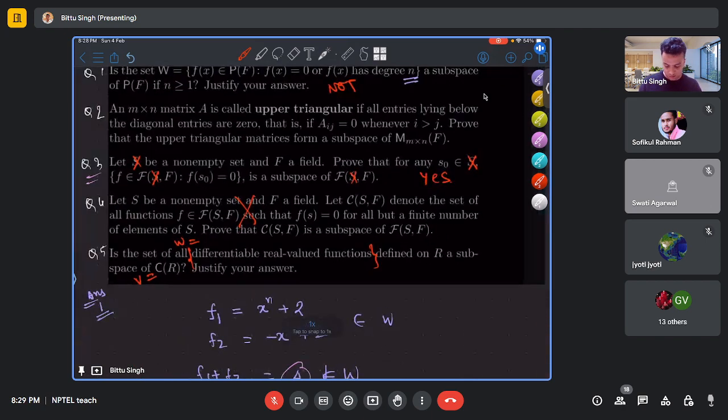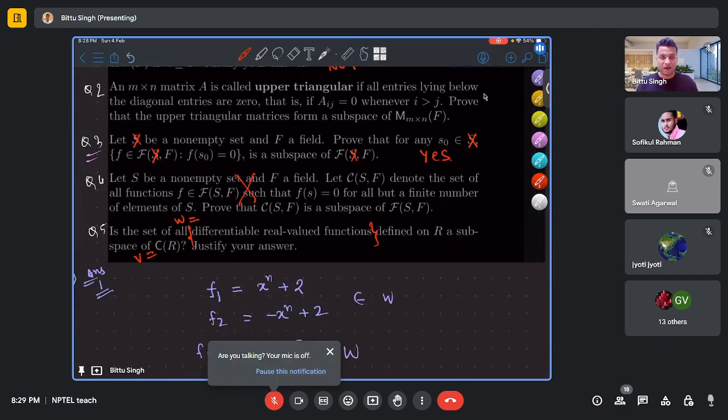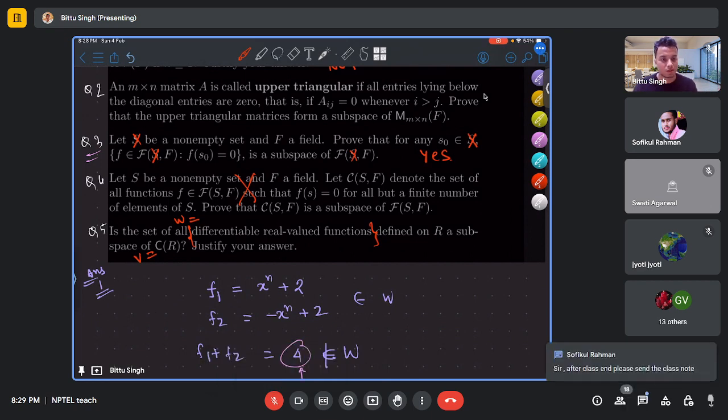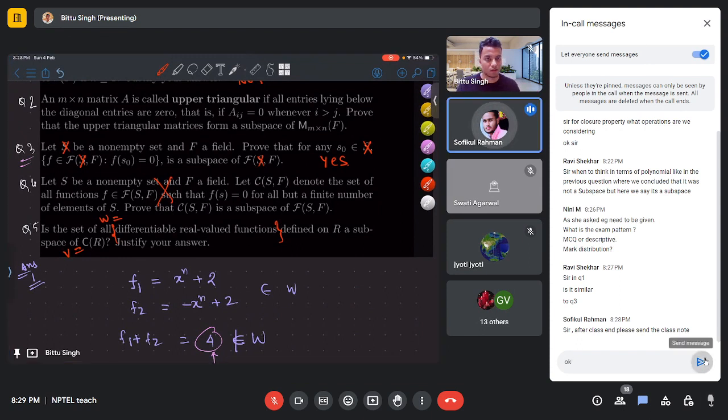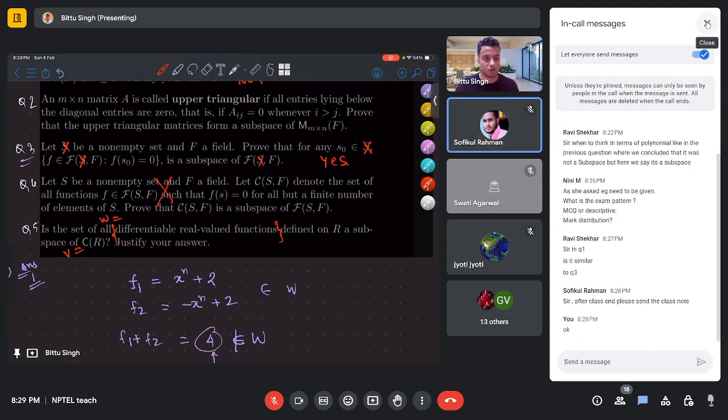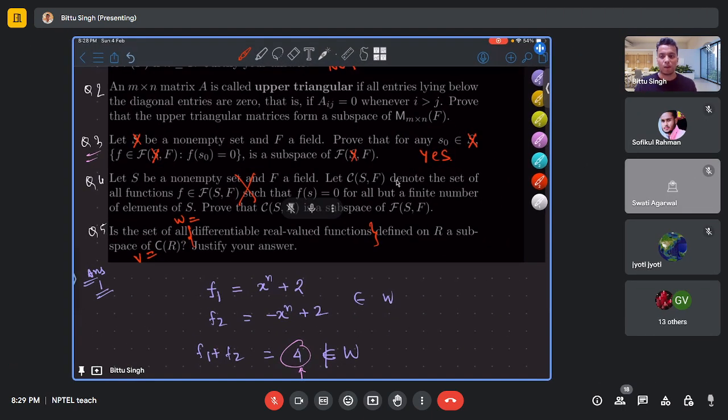So let us see question 5. It says W is a subset of continuous functions. You know a differentiable function is always continuous. Do you know this? Yes, sir, every differentiable function is continuous. So W is a subset of V. Now you have to worry about closed under addition and scalar multiplication.